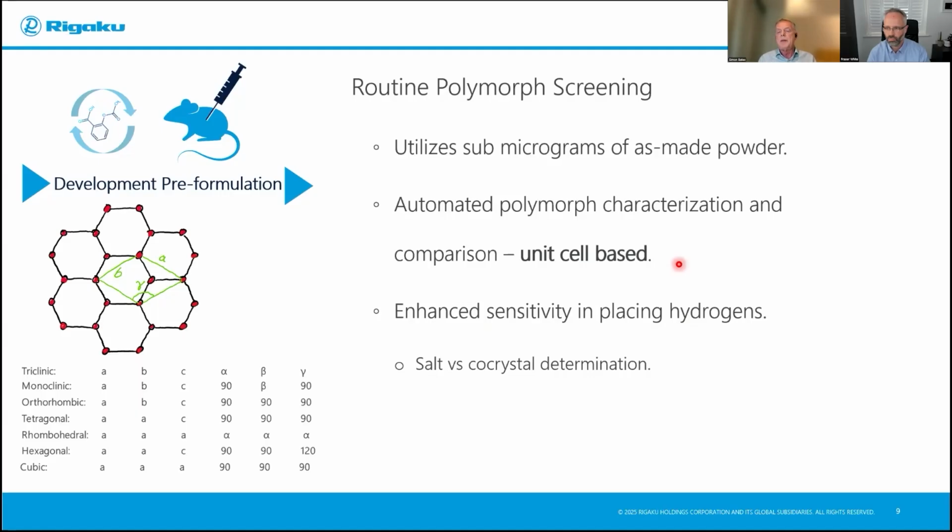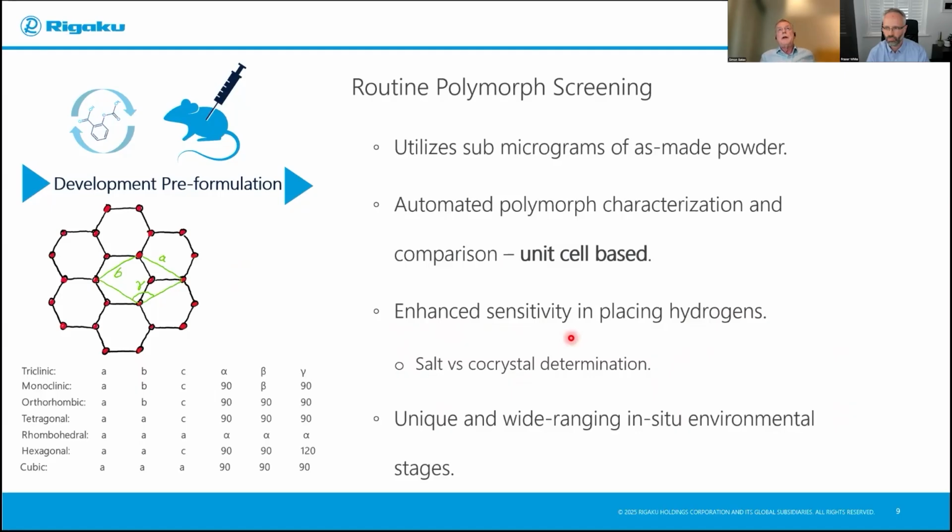That is, is the proton, the hydrogen, exchanged from the API to the coformer, or does it remain attached to the API? And the way that the agency deals with salts and co-crystals rather differently, then it's important to be able to differentiate the materials that you're making. Do you have a salt? Do you have a co-crystal?